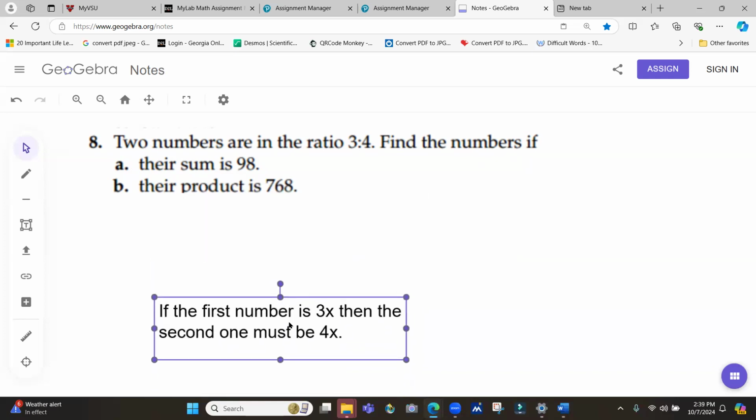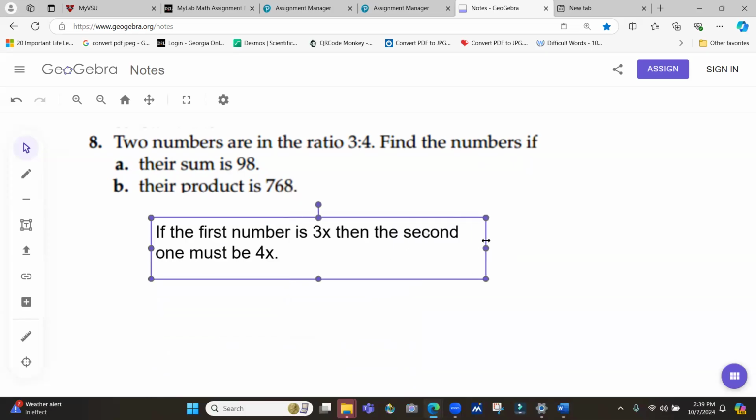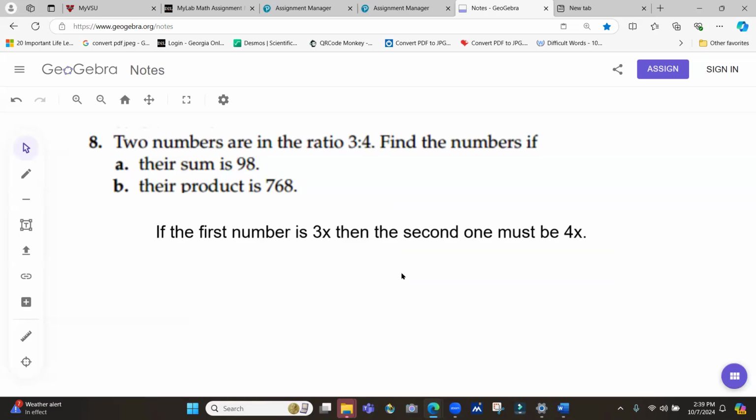When we're done with this chapter 6, we'll do more algebra, but I don't know how to do it without any algebra. Once again, guys, if your numbers are 3x and 4x, your ratio will be 3 to 4. 3x is your first number, and 4x is your second number. When you're finding the ratio, you divide 4x by x, 3x by x, you'll get 3 to 4. So that's not a bad way to start.